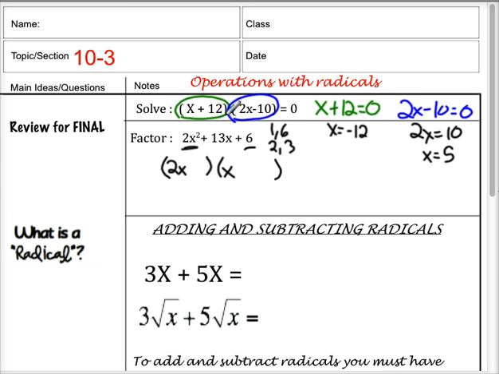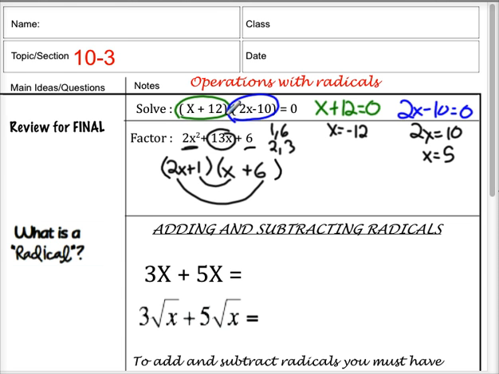And so to see the combination that we need to make this work, I'm going to put a plus 6 and a plus 1 because that gives me 1x plus 12x, and that gives me the 13x that I'm shooting for. So that means that that is really the true factored form.